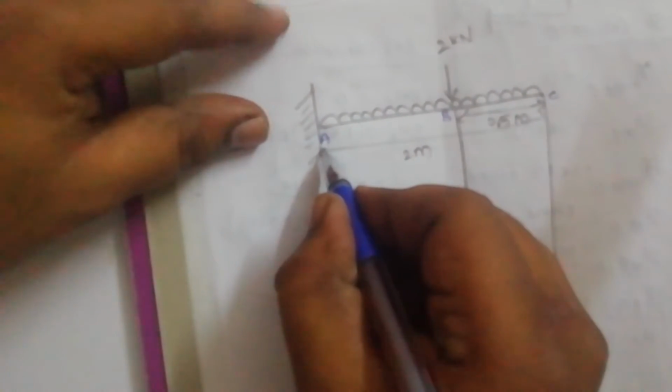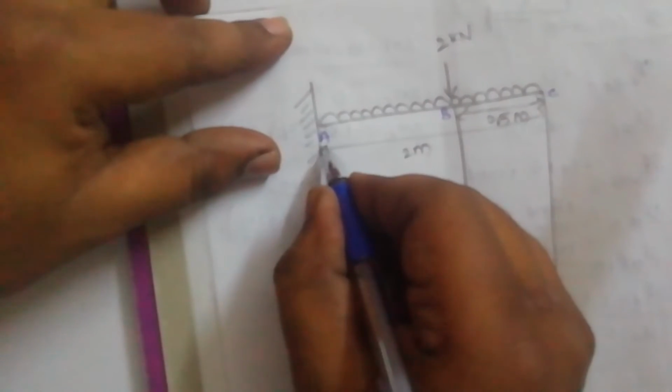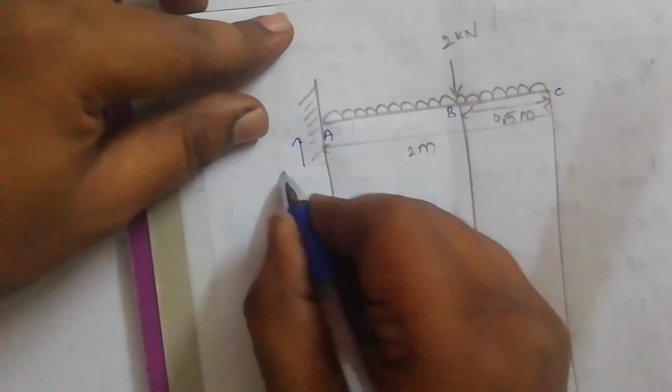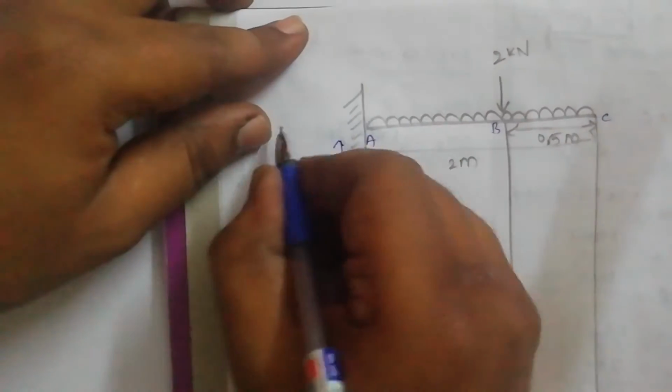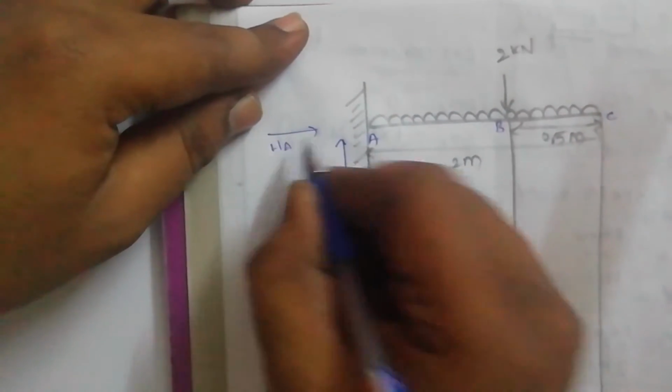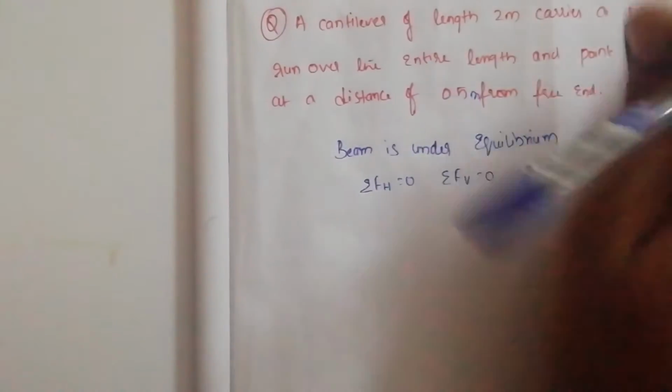When you write this equation, you have to identify that since we have a fixed end here, we will have a reaction in the vertical direction and a reaction in the horizontal direction.